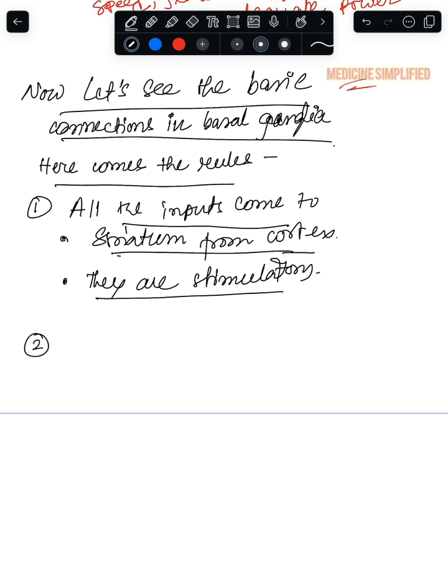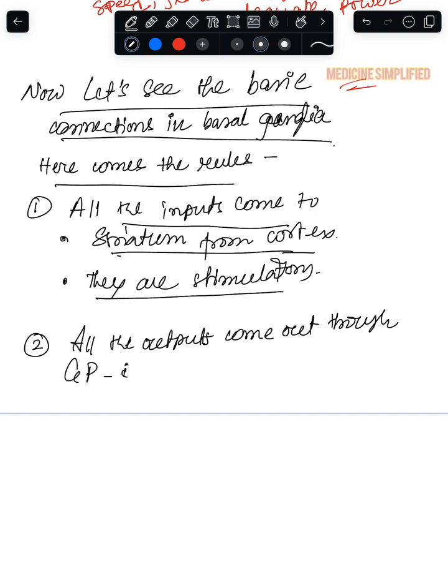Number 2, all the outputs come out through globus pallidus interna segment.